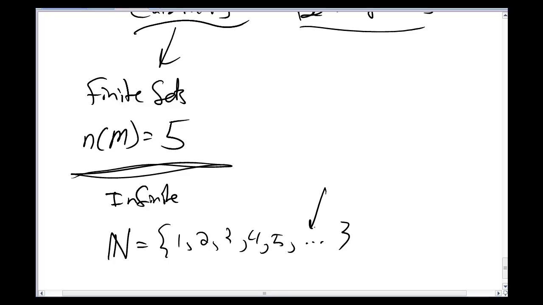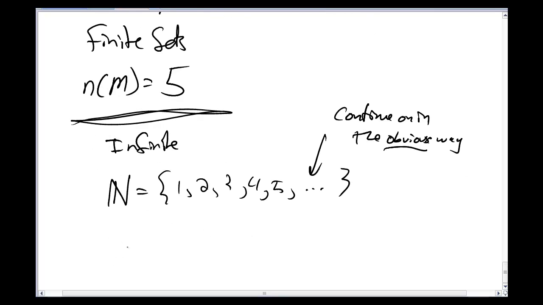In a set, when I'm using the roster method and I use this triple dot here, that means continue on. Continue on in the obvious way. Not everything's obvious, so I have to be careful. For example, here's a set.